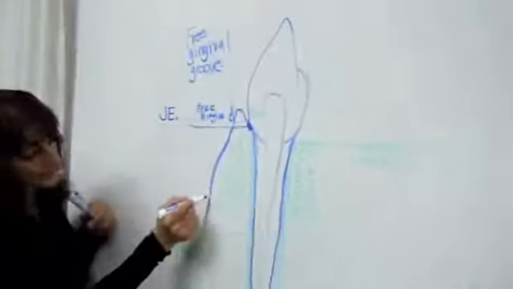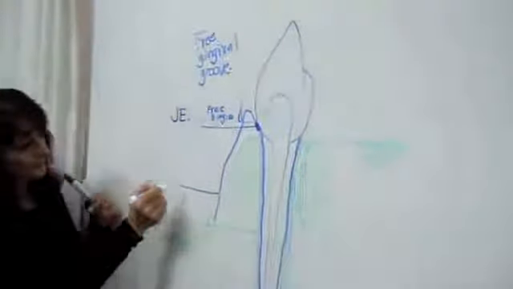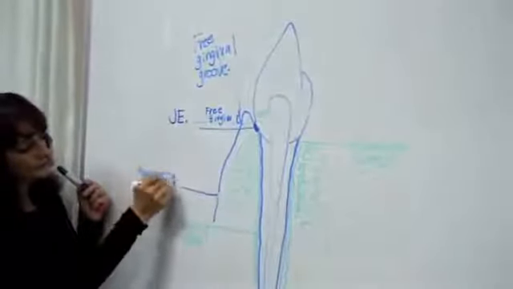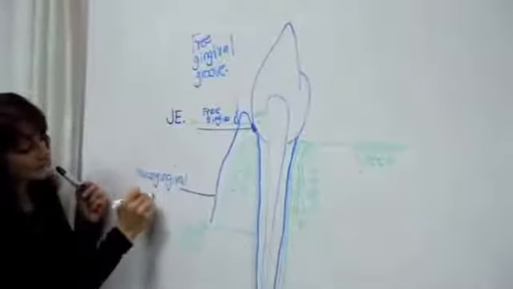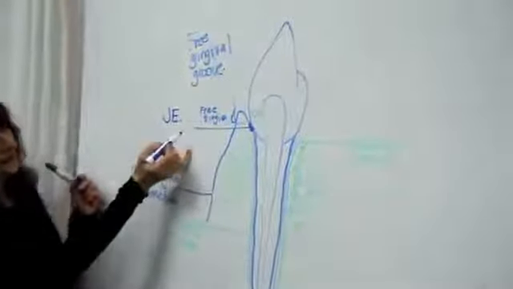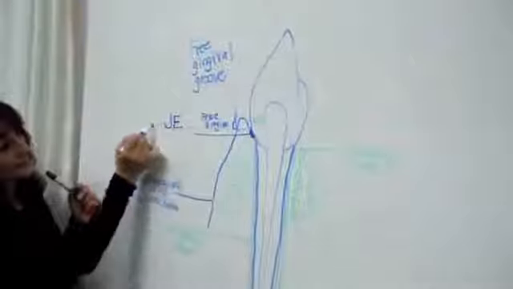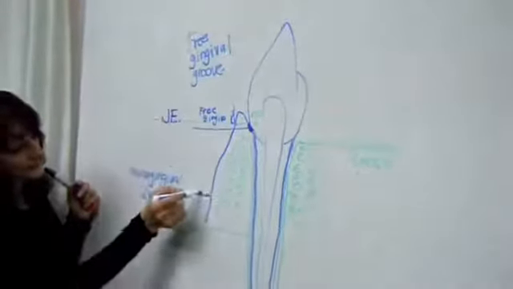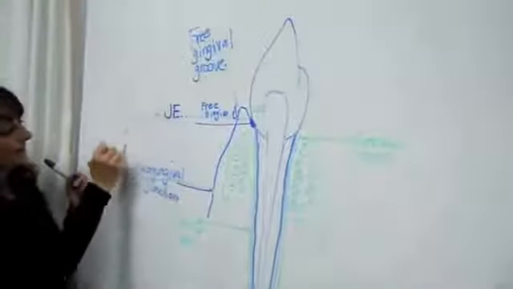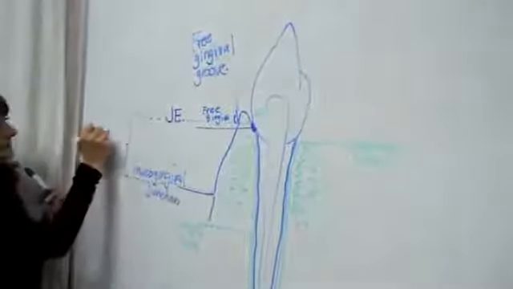So at this point here, we're going to place in our mucogingival junction. Which means now that from this dotted line here to this dotted line here, we have what? Yeah?